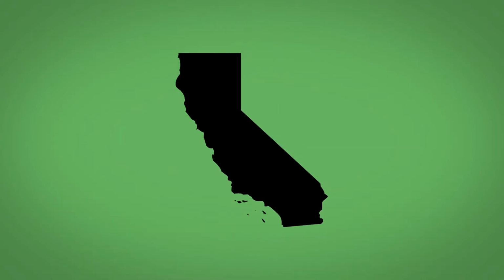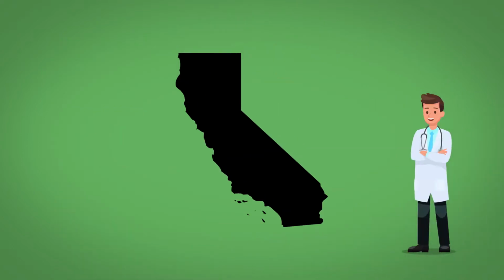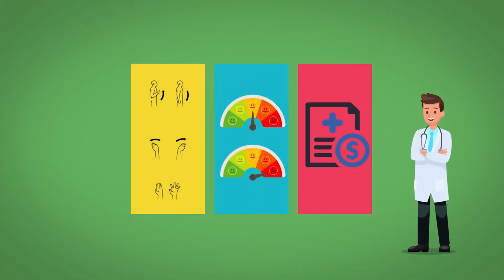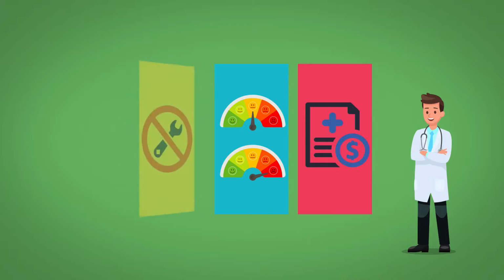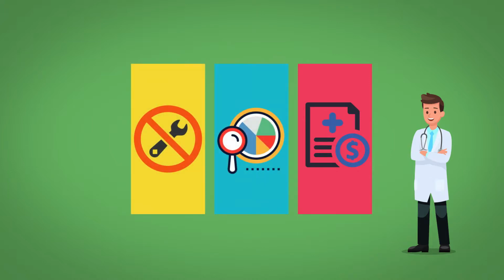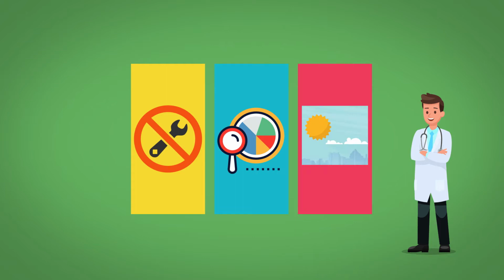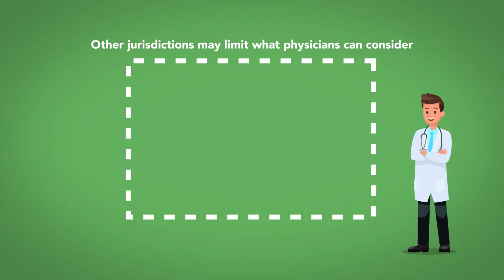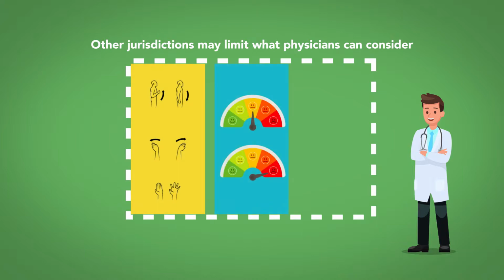For example, California law allows physicians to consider not only the claimant's range of motion, level of pain, and likely future medical treatment, but the patient's work restrictions, apportionment of causation, and the impact upon activities of daily living as well. Other jurisdictions may limit what physicians can consider, for example, only permitting consideration of impact on range of motion, pain, and likely future medical treatment.